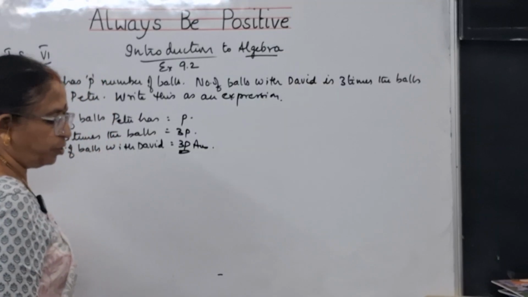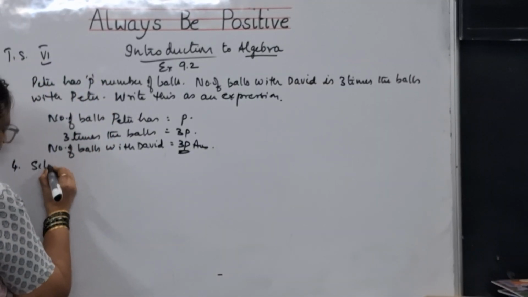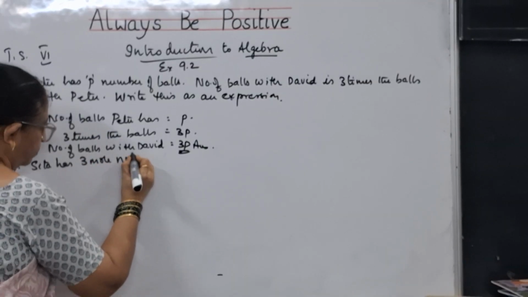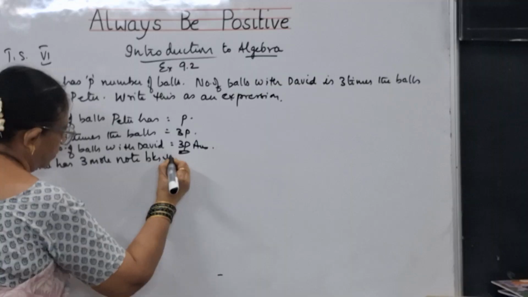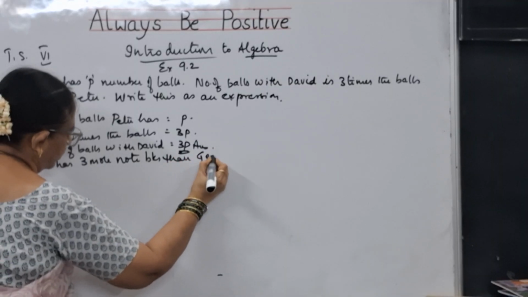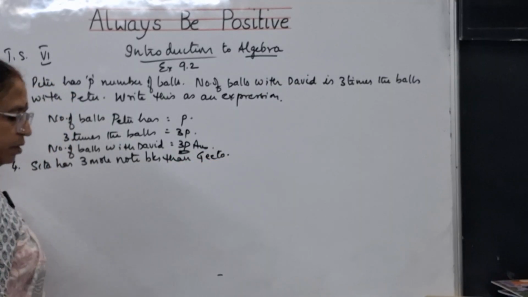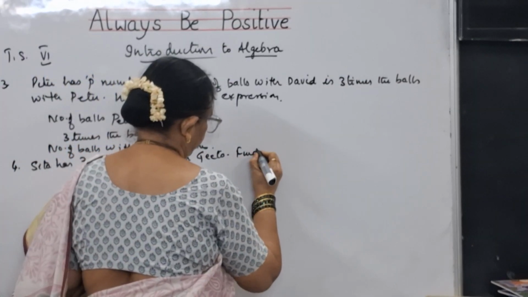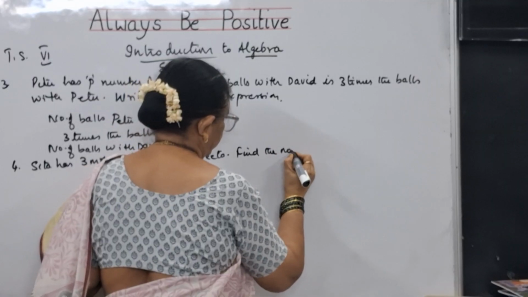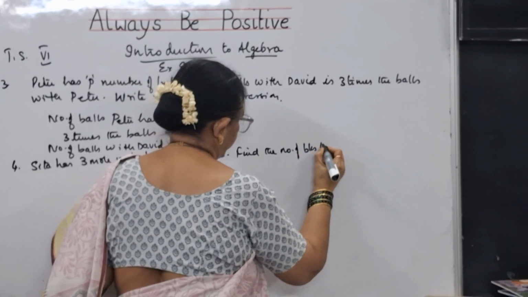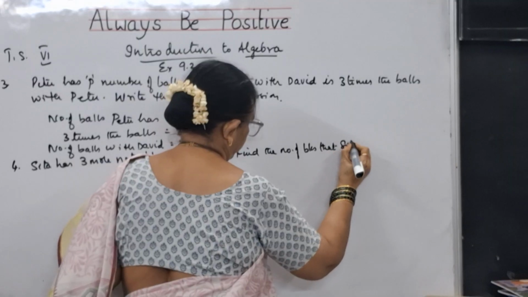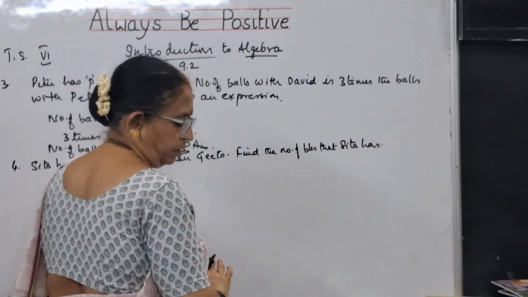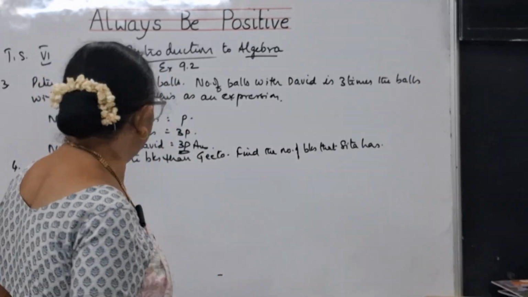Sita has 3 more notebooks than Geeta. Find the number of books that Sita has. Use any letter for books that Geeta has.